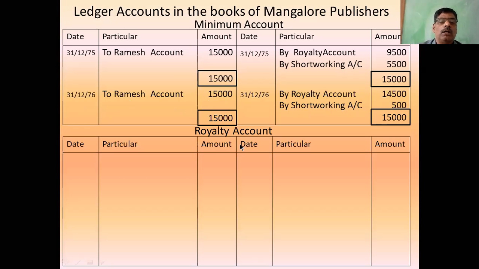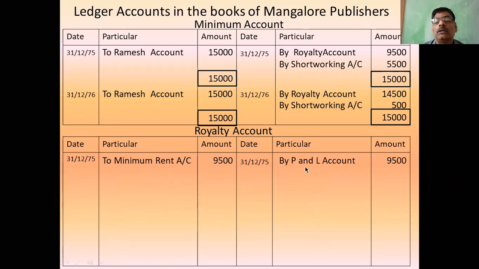Next come to the royalty account. In the royalty account, debit side lessor name, credit side royalty, P&L account. It is original method. But in the year of minimum rent or short working, you have to modify. Lessor or minimum rent. 1975 minimum rent account 9,500, royalty 9,500.